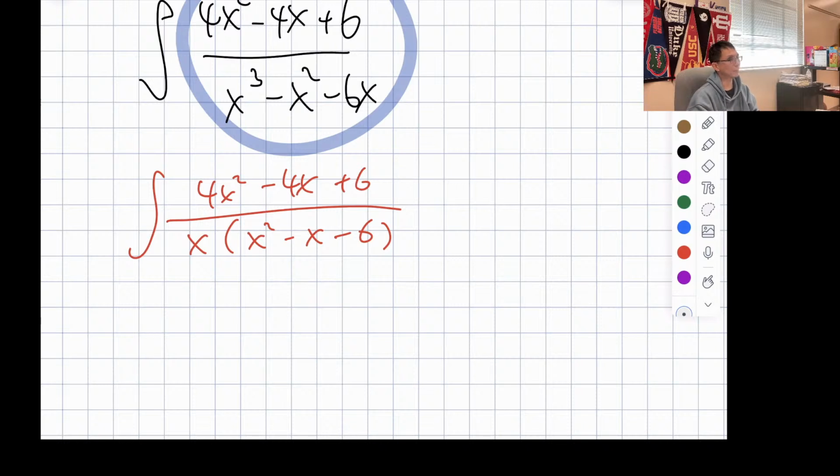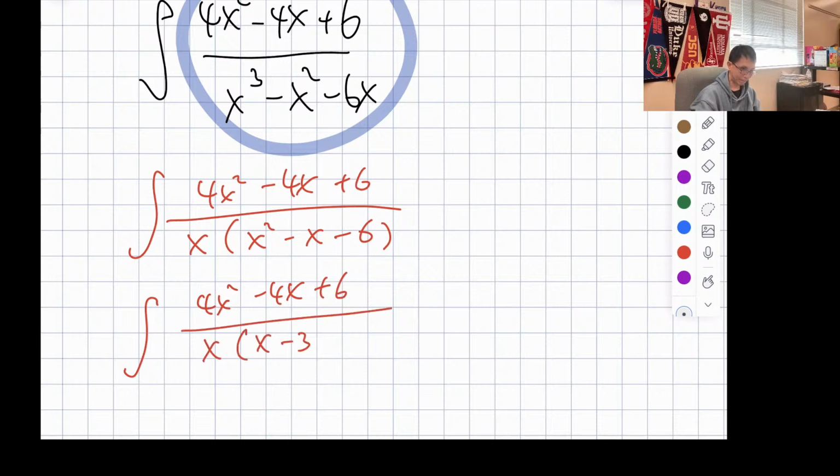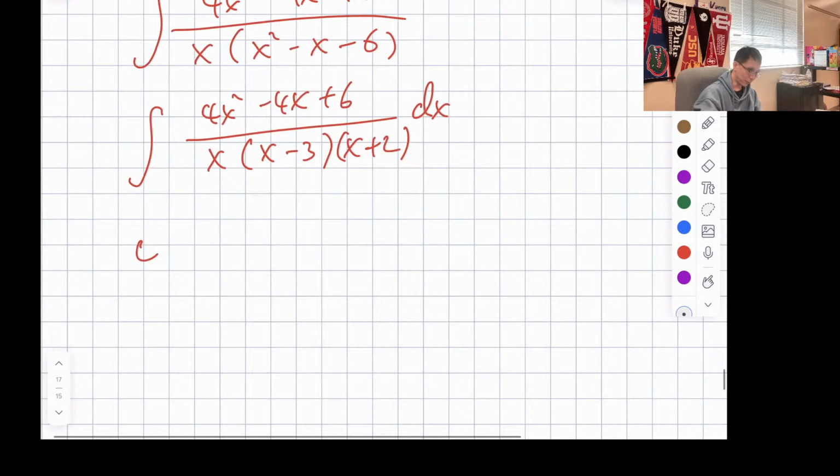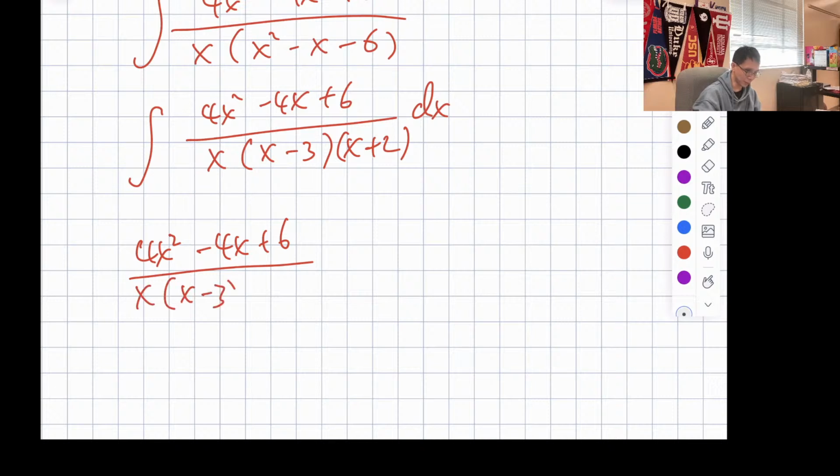That might not help you too much, but how about the bottom? x minus 3, x plus 2. Now can I say this? 4x squared minus 4x plus 6 over x times x minus 3 times x plus 2.